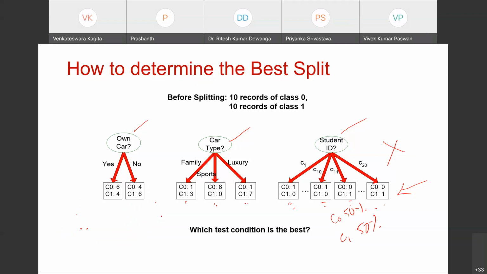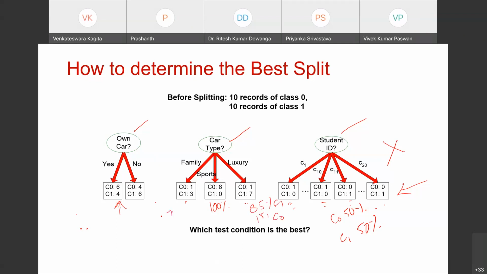Isn't it? So if you see this, if you split based on the other attribute, that is leading to impurity. But if you split based on card type, that is leading to more purity. So this is completely 100% pure, but this is close to pure because around 85% class 1 and 15% class 0.